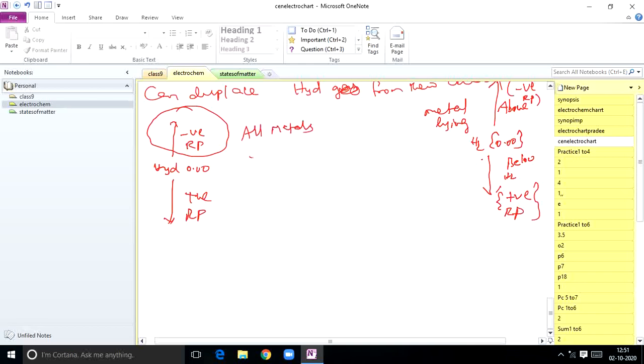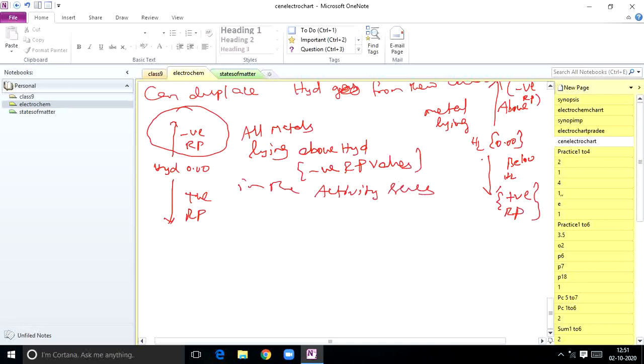All metals lying above hydrogen, that means having negative RP values, in the activity series chart, displace hydrogen and release hydrogen gas when treated with acids.